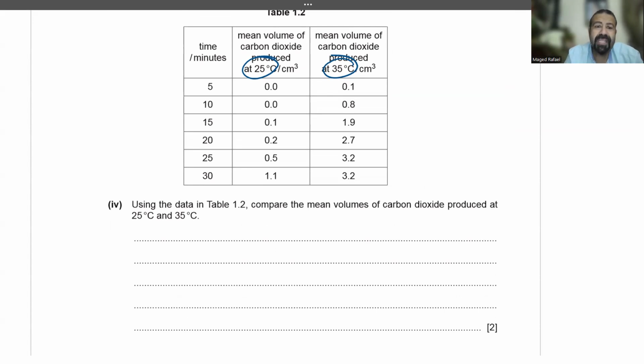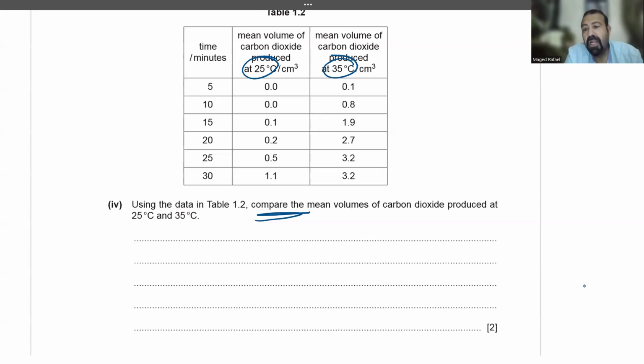What should be your answer? How to compare? And be careful, compare is not a description. I want you to compare between the 35 Celsius degree results and the 25 Celsius degree results.